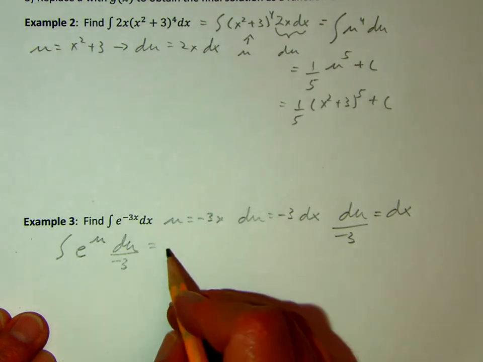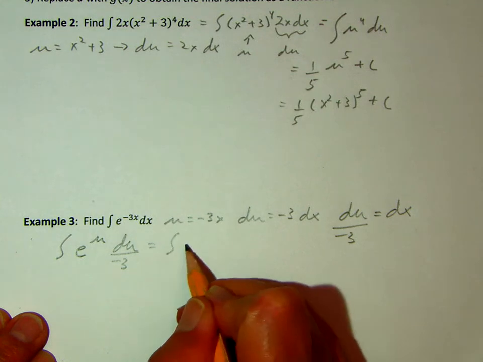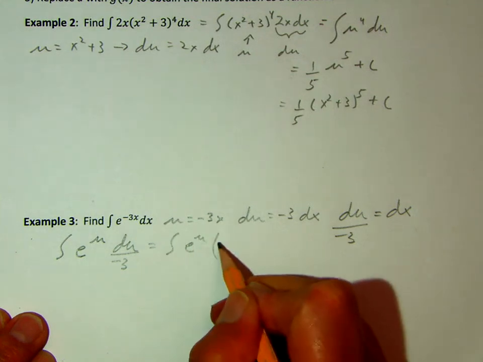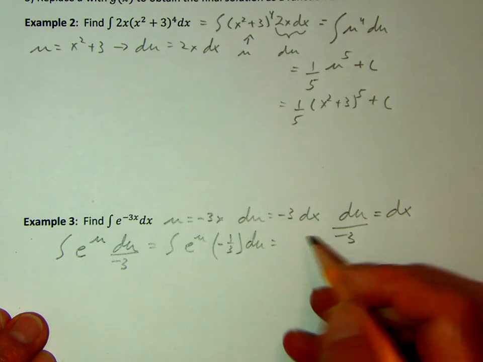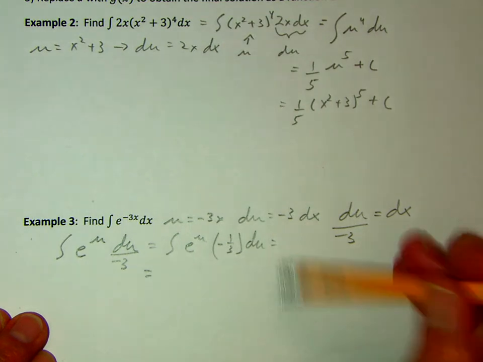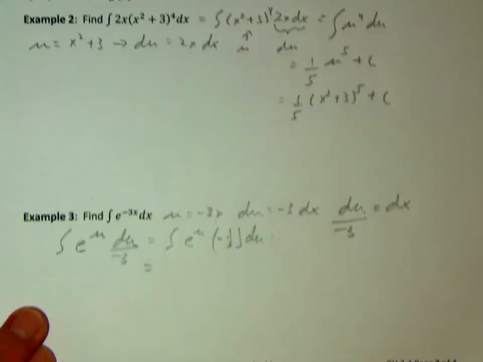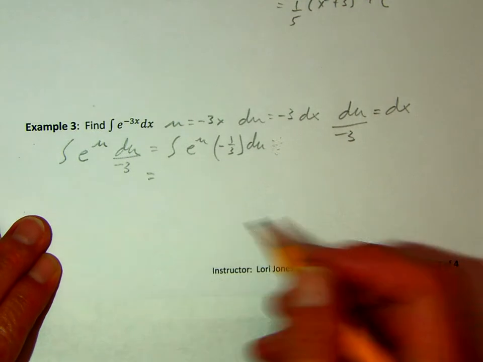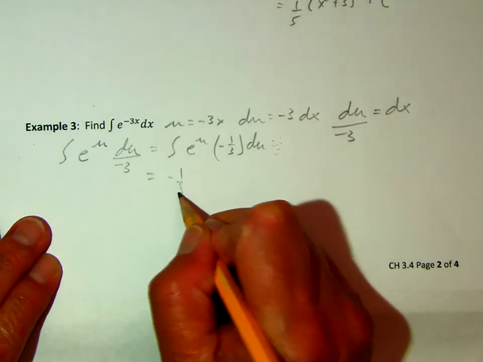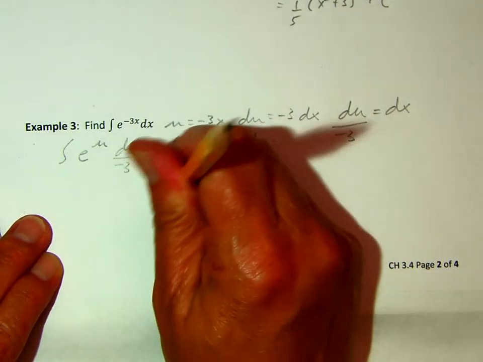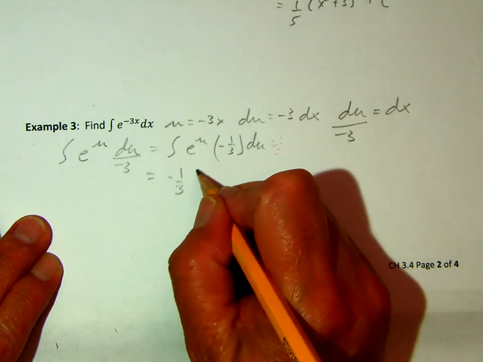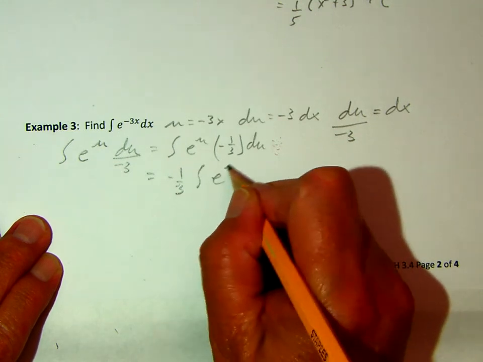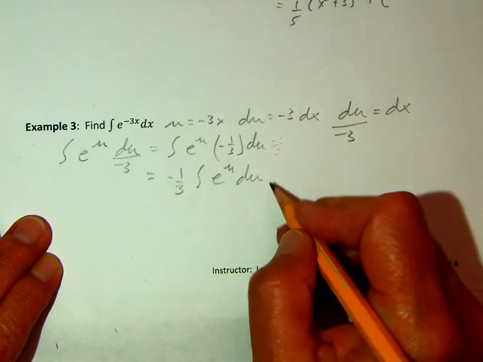So this is the same thing as e to the u times negative 1/3 du, which is negative 1/3 times the integral of e to the u du.